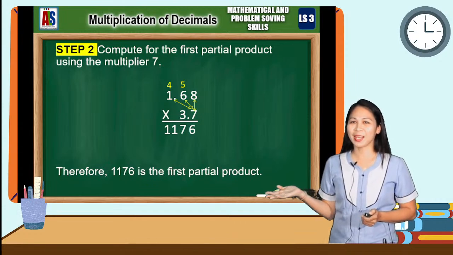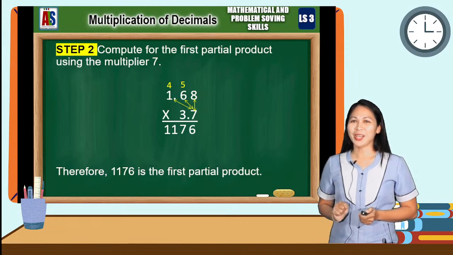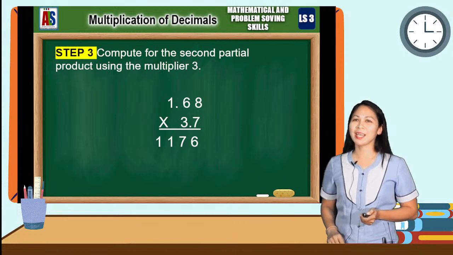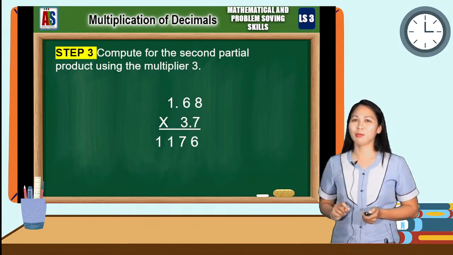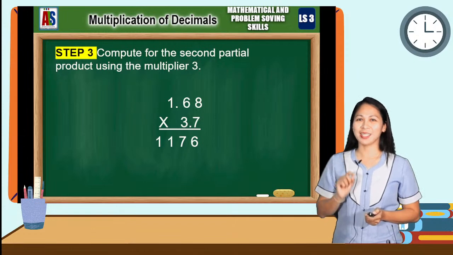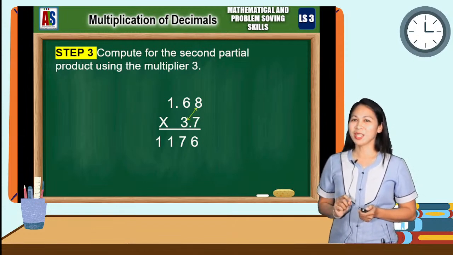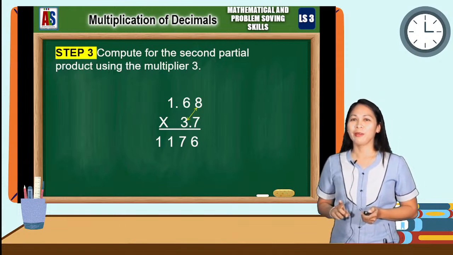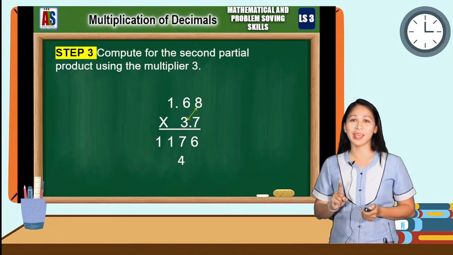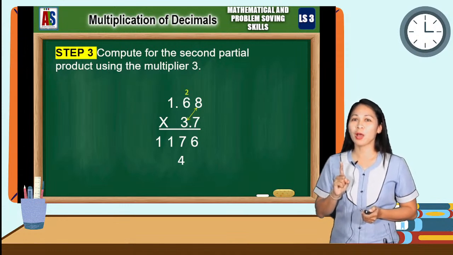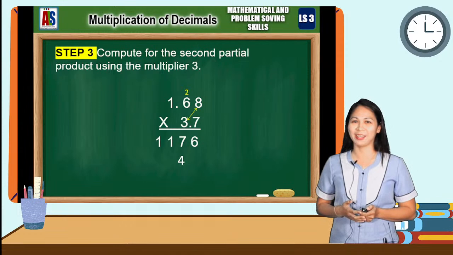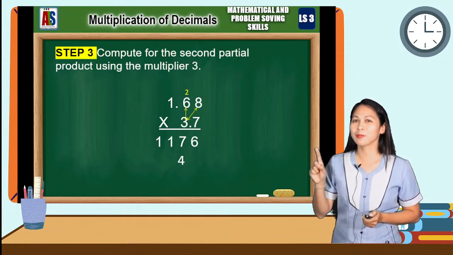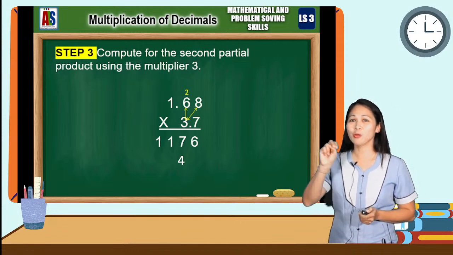Did you get the correct answer? That's great. Next step, step 3. Compute the second partial product using the multiplier 3. Now, let's start. 3 times 8 is equal to 24. Write 4 below the column of 3 and regroup 2 above 6 in the multiplicand. Now, multiply 3 times 6 is equal to 18. Add 2, that was regrouped.